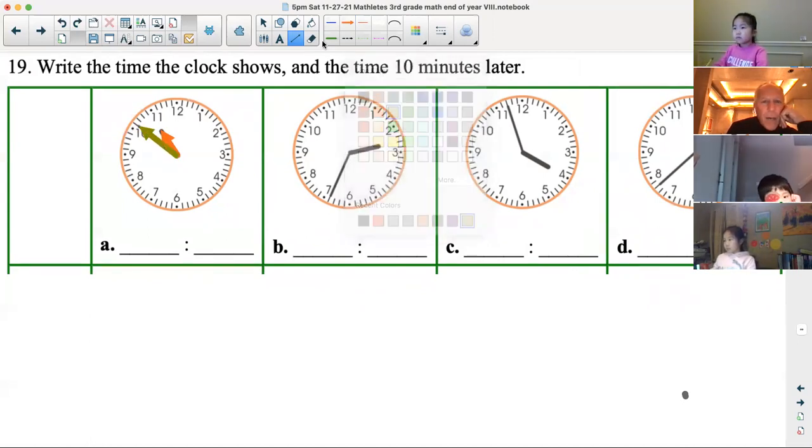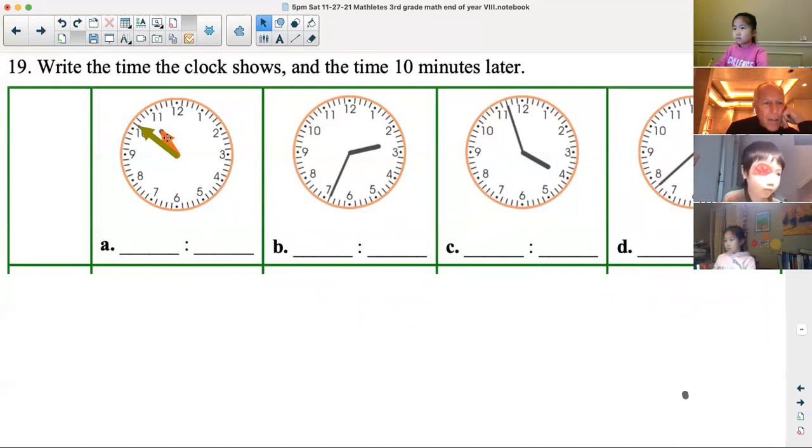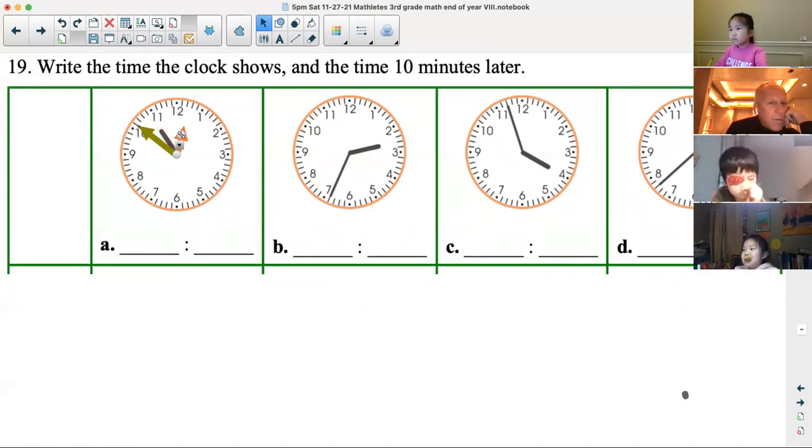What's kind of fun is that the hour hand is not yet at 11 o'clock. It's gone from 12 to 1, 2, 3, 4, 5, 6, 7, 8, 9, past 10 o'clock, but not yet to 11.